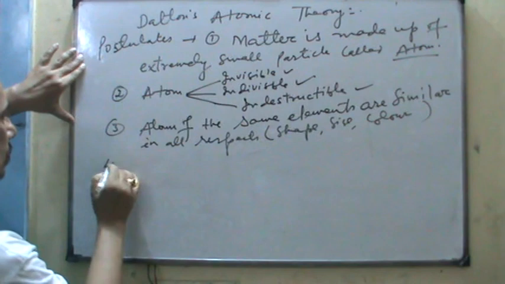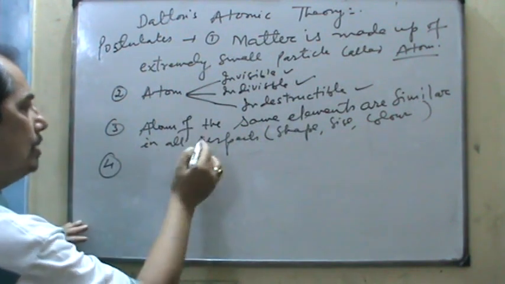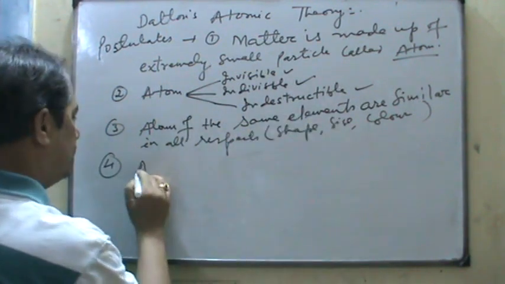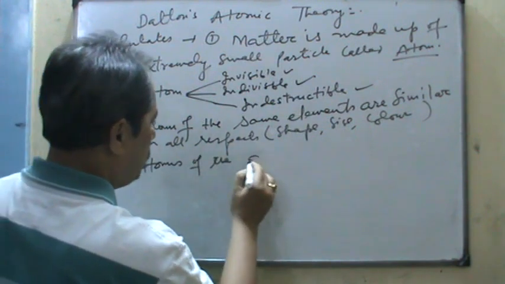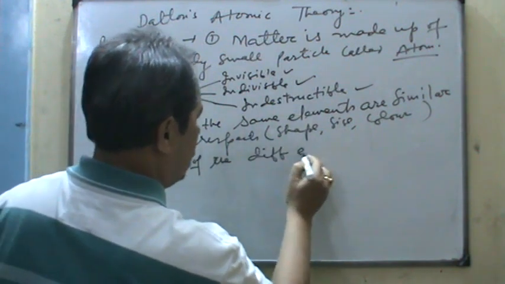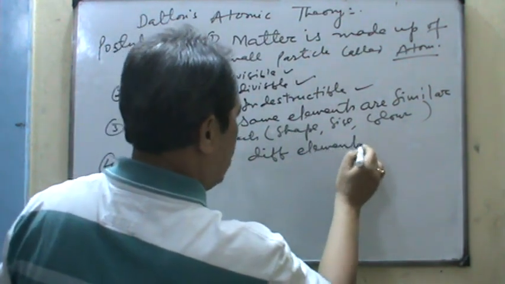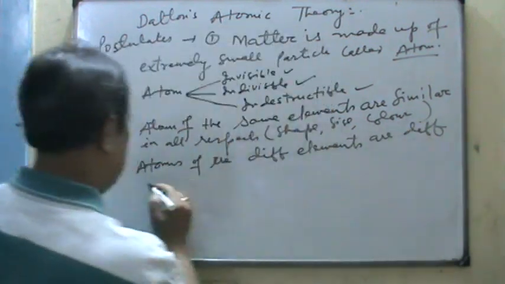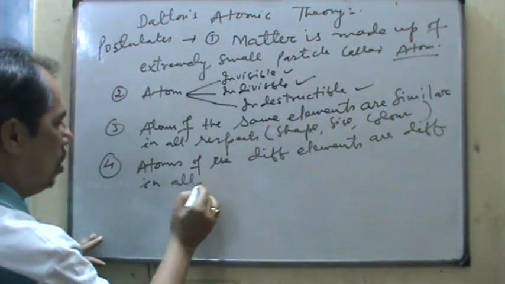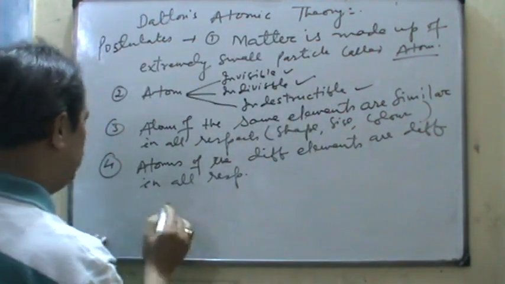So here, atoms of the same elements are similar, but further I write, atoms of the different elements are different in all respects.